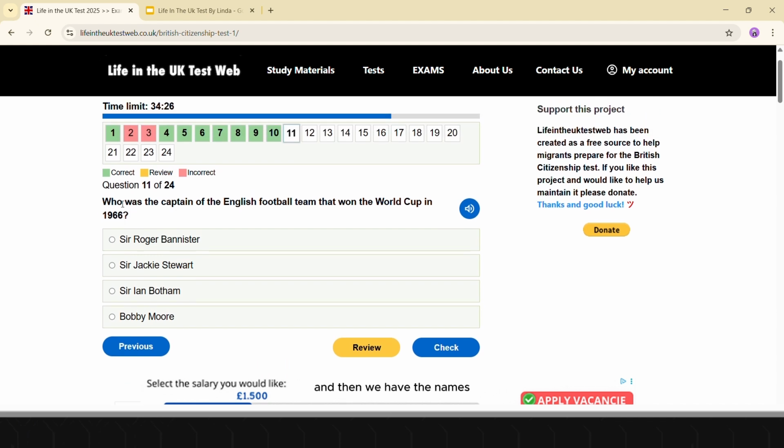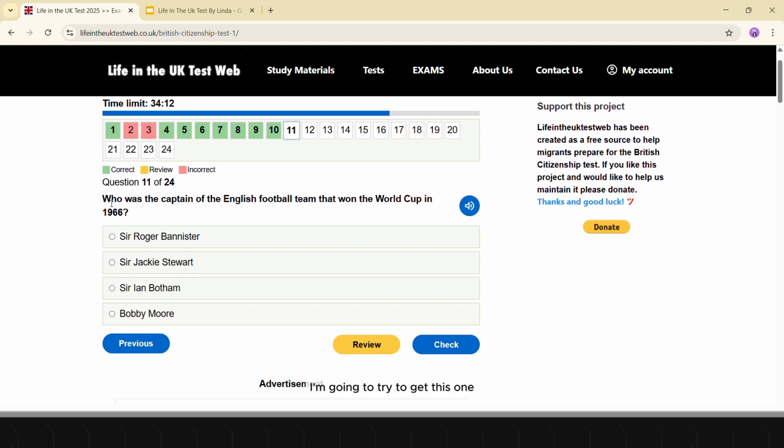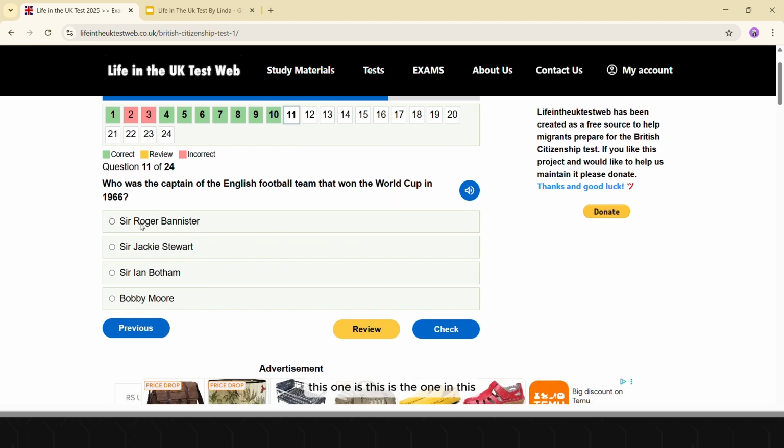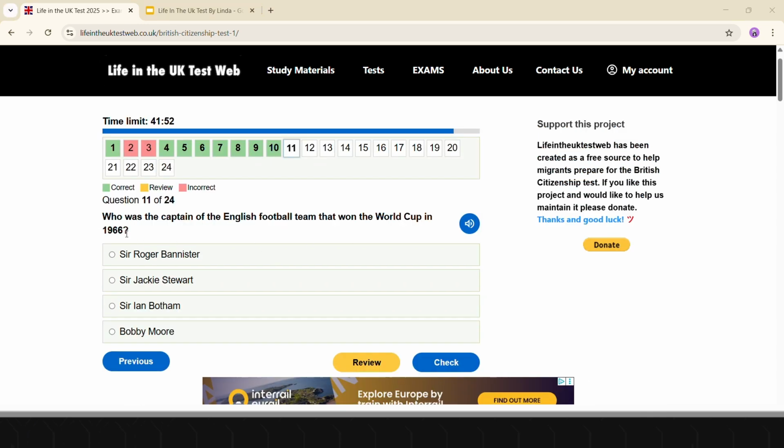And then we have the unfamiliar names and whatever it is they achieved. So confusing. It's been a long time since I did this test. I'm going to try to get this one. Who was the captain of the English women's World Cup winning team?